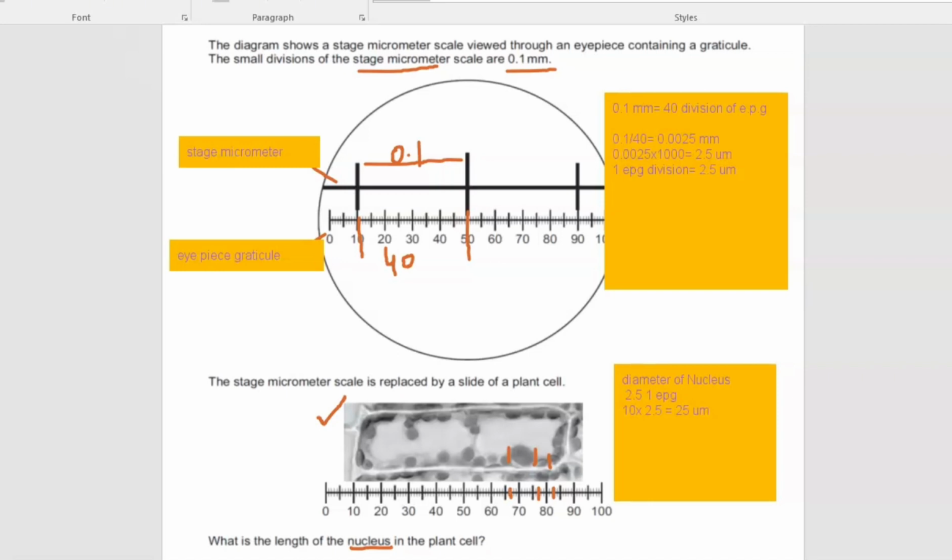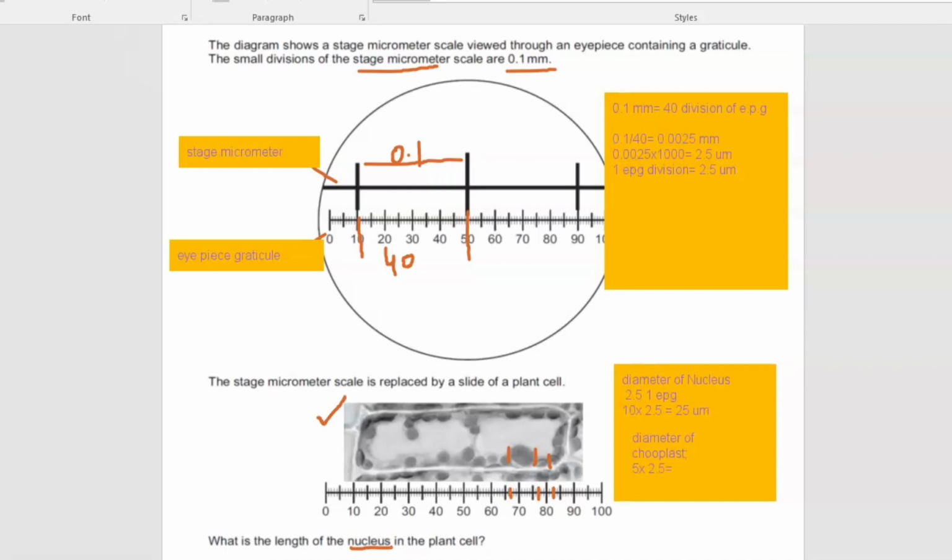Here is the diameter of the chloroplast. So it is 5 divisions of eyepiece graticule, which we marked on the diagram, and we multiply it by 1 eyepiece graticule division, that is 2.5 micrometer.